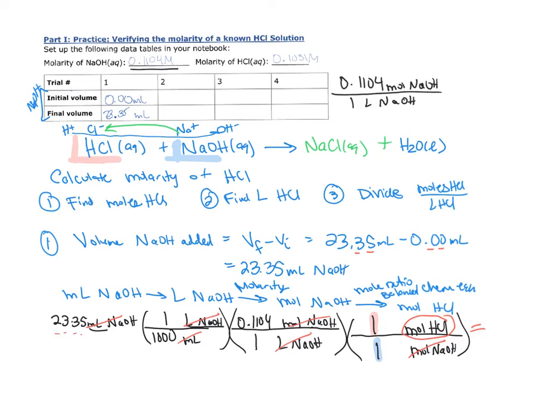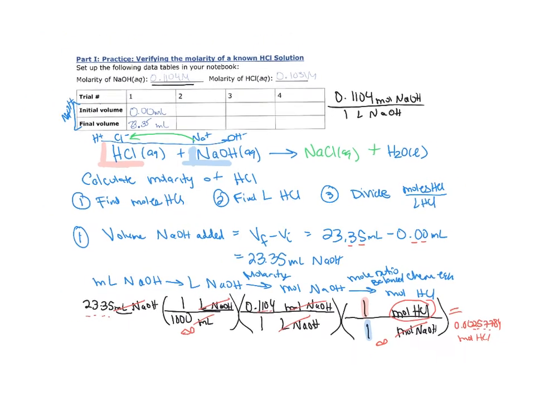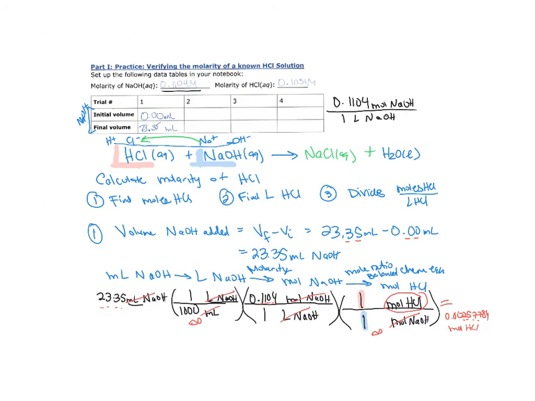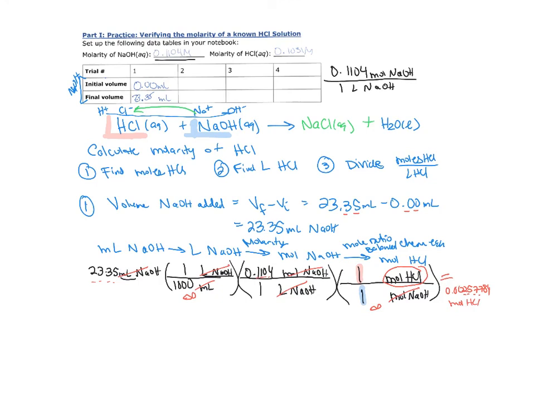We've got 4 sig figs there, unlimited for the metric system conversion, 4 sig figs here, and unlimited for my mole ratio. And I end up with 0.002577784 moles of HCl. So 1, 2, 3, 4 sig figs. I'm going to round at the end. That was step 1, getting my moles of HCl.